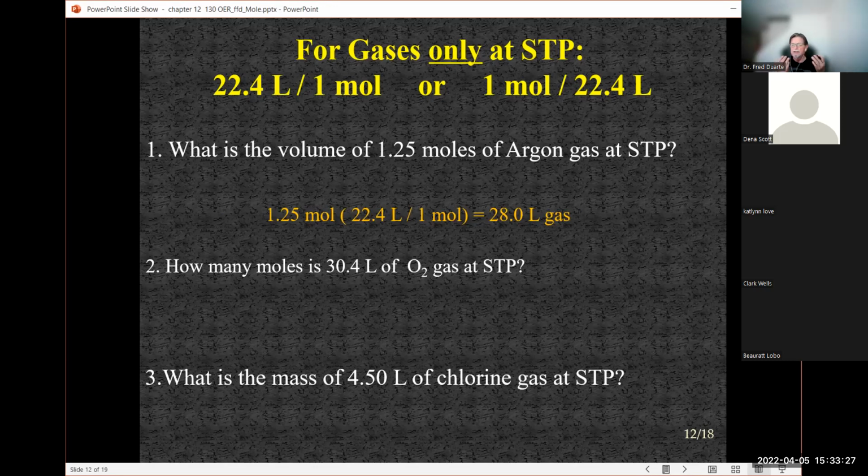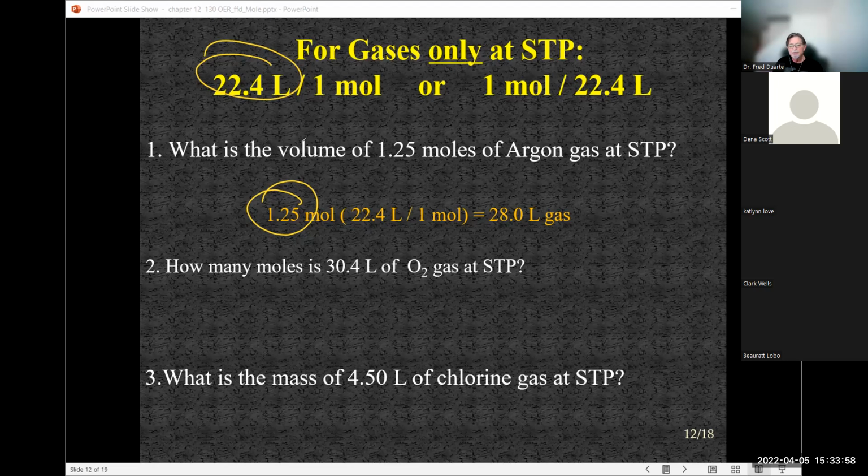And then ask yourself, like with any of these calculations, does the number make sense relative to the mathematical function that you're doing? Look at this. You have 1.25, almost a quarter more than 1 mole of gas. Well, we know that 1 mole of gas will occupy 22.4, and 0.25, which is a quarter, would mean I have to add a little bit more to it, right?